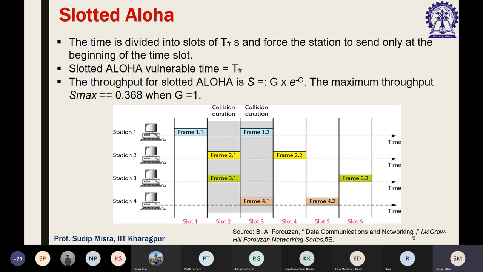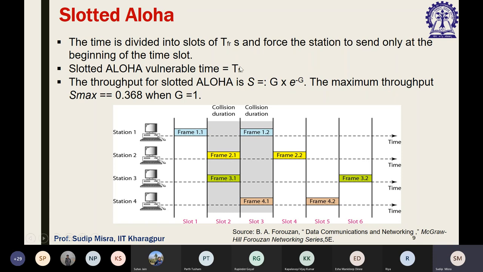You make sure that every station follows this discipline, that they are forced to send only at the beginning of the time slot. Station 1 can send only at the beginning of this time slot, station 2 can send only at the beginning of this time slot, and this process continues. Because of this discipline, you are ensuring that the vulnerable time is going to be TFR.